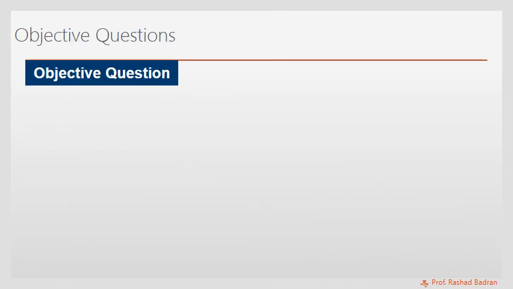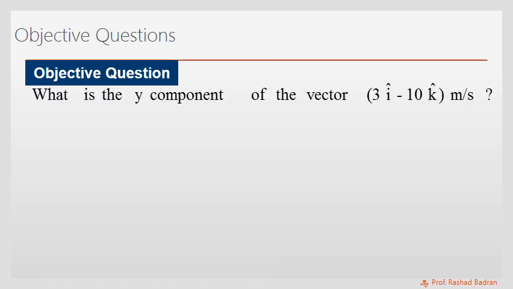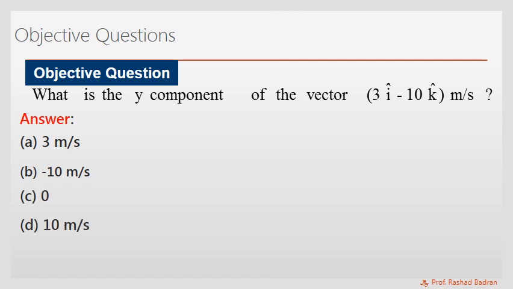This is a simple test of the students' understanding of vectors and their components. The question here, what is the y component of the vector 3i hat minus 10k hat meters per second? Is it 3 meters per second, or minus 10 meters per second, 0, 10 meters per second, or none of those answers?